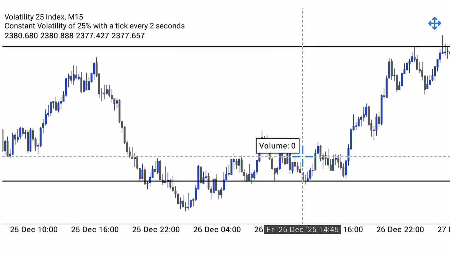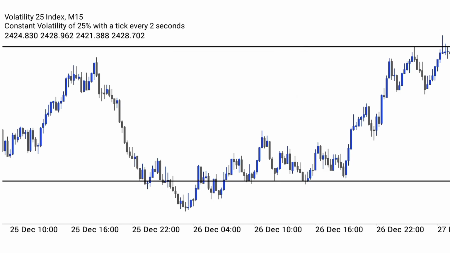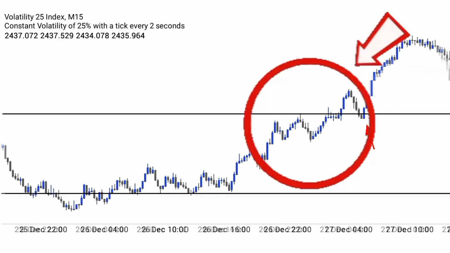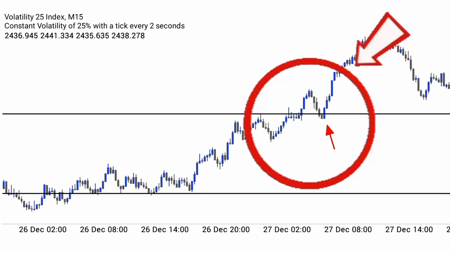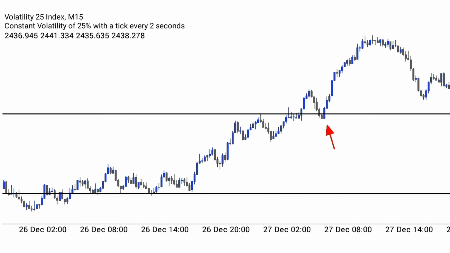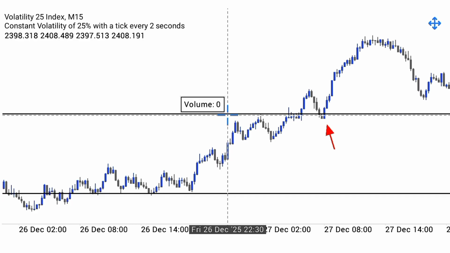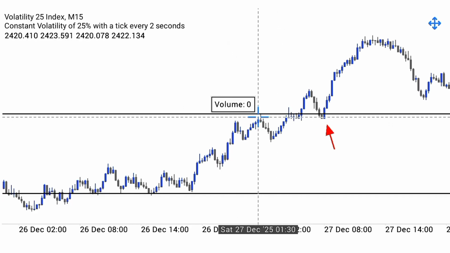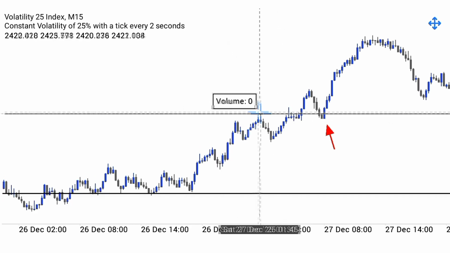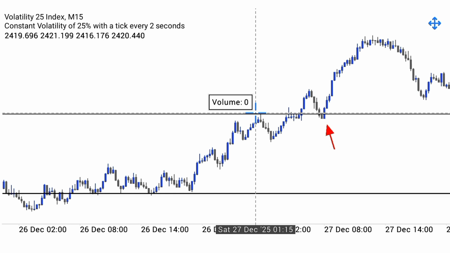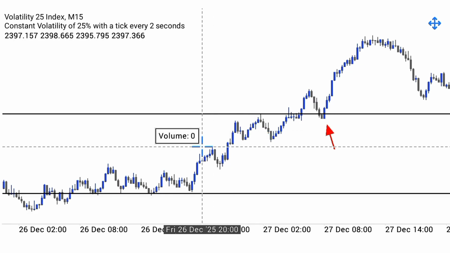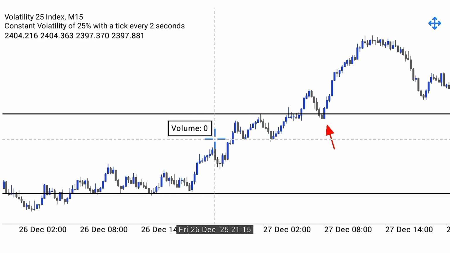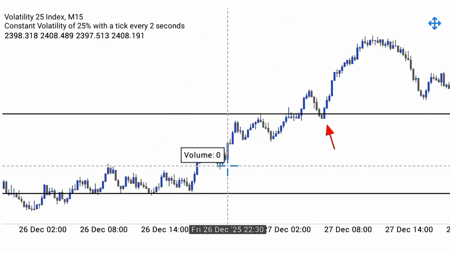This is the typical support and resistance strategy, but this one is called a break and retest strategy. What does it mean? It means that this point here was supposed to be a very good point for the sellers to sell the market. Meanwhile, the buyers are very much in control of this market here.